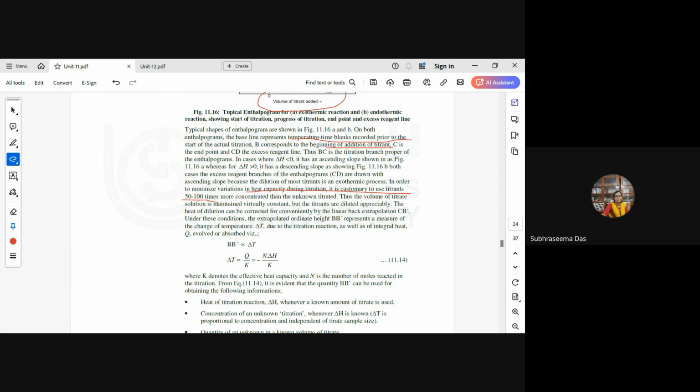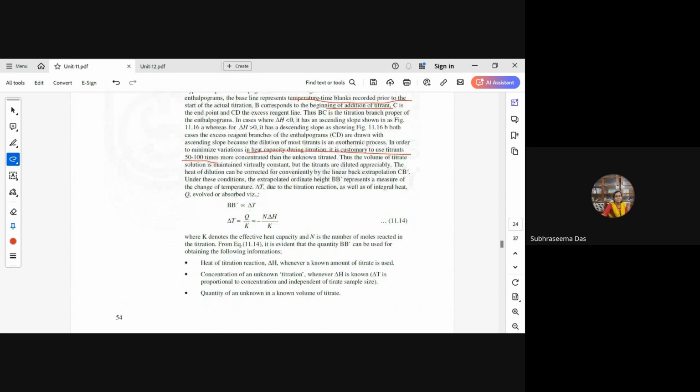From all this we have an important equation: delta T is equal to Q by K, which is equal to minus N into delta H by K, where K is the effective heat capacity and N is the number of moles reacted in the titration.